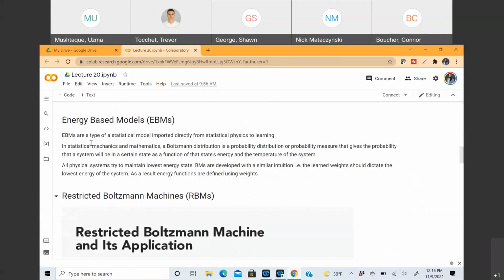That's why we talk about energy-based systems. As I said, all physical systems try to maintain the lowest energy state, and these Boltzmann machines are developed with a similar intuition. That means I learn the weights such that I can dictate the lowest energy of my system, and I describe my energy as some function of my weights.